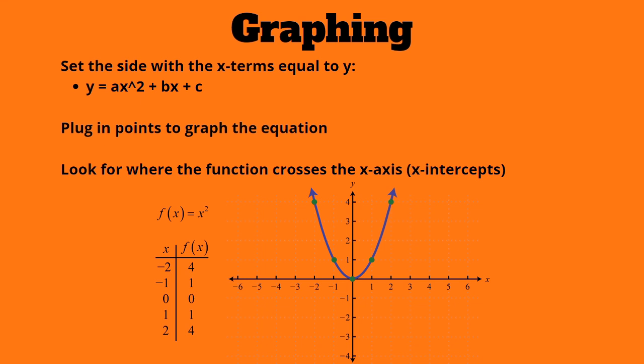The easiest way will be to plug in different points for x. And once you get enough points and you can graph the equation, you have to look for where the function crosses the x-axis, or essentially where the function has a y of 0.